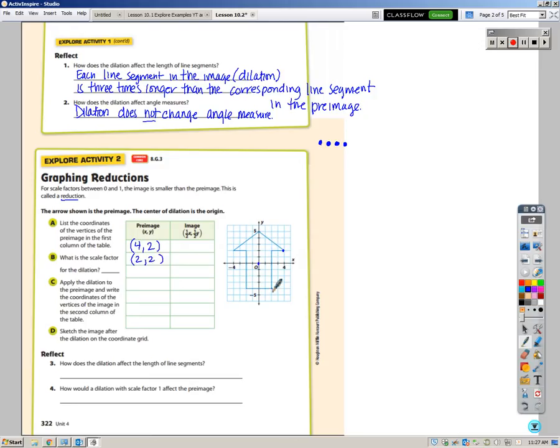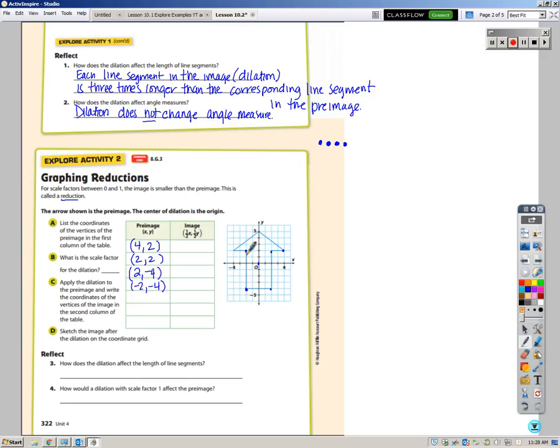And then I'm moving clockwise, and I got this point here. It is 2 and negative 4. And then I've got this one here, which is negative 2 and negative 4.